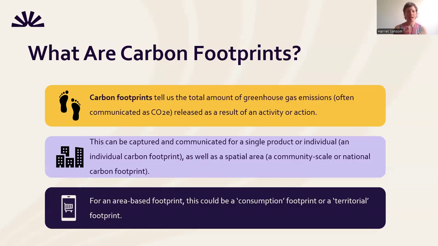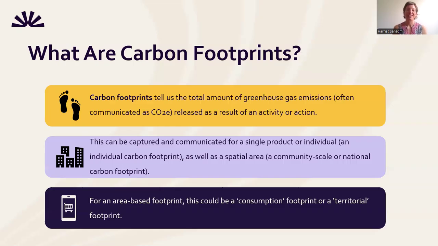And just to briefly go into the difference, a consumption footprint is where you attribute the emissions that result from consumption choices to the community in which the consumer lives. Whereas a territorial footprint is looking at the emissions that happen within an area, regardless of whether the consumption related to that is to do with residents in the community.